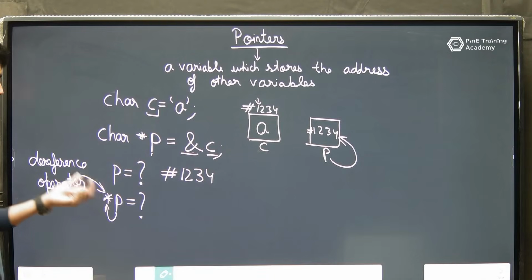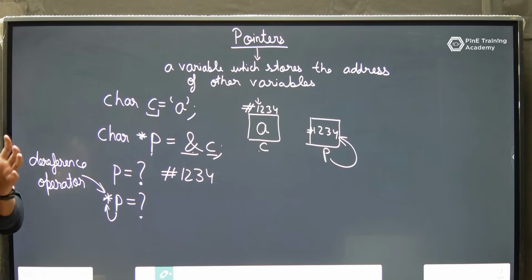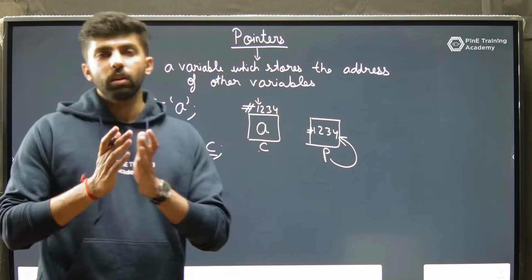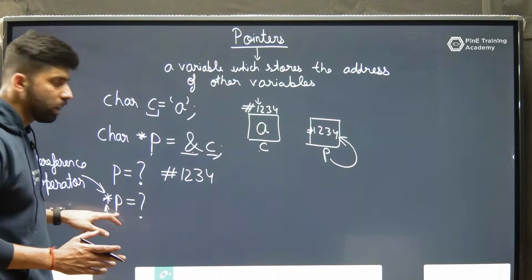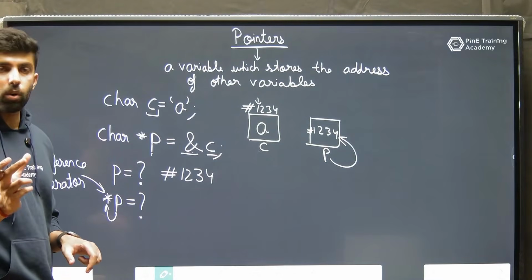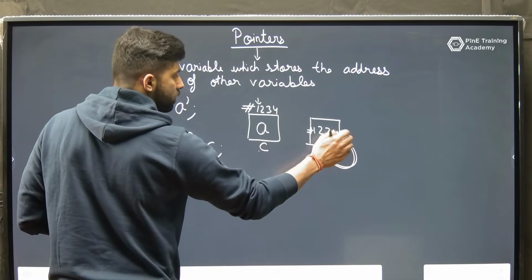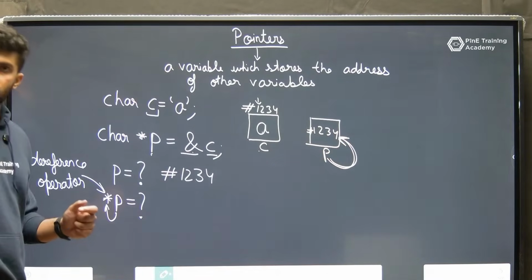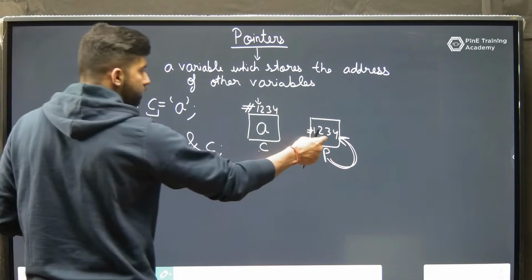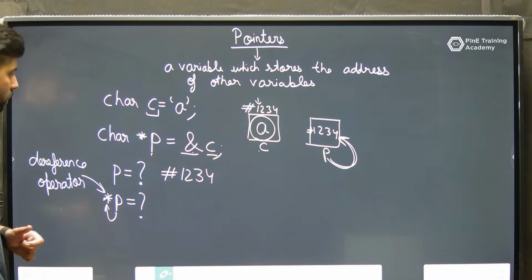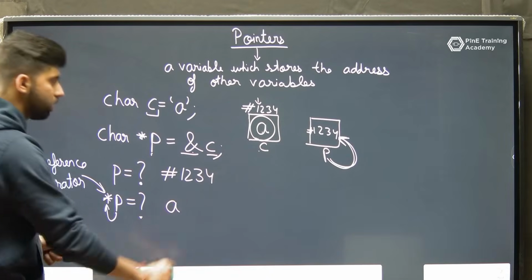What do we mean by dereference? Dereference means it will give the value at that particular address. P is storing the address 1, 2, 3, 4, and the value at 1, 2, 3, 4 is A. So this will print A.